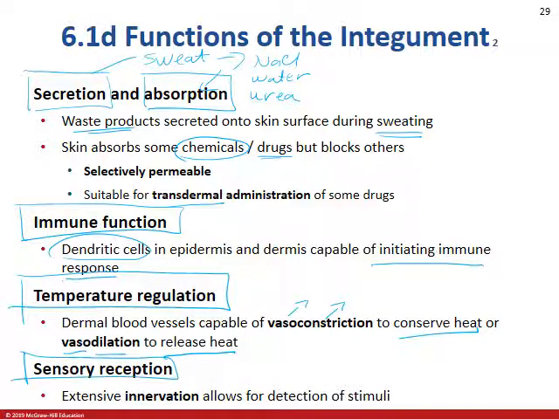And then last, we have that sensory reception. So remember we talked about the touch receptors, or we called them tactile cells. Those can alert the body to something moving on the skin or pressing on the skin.